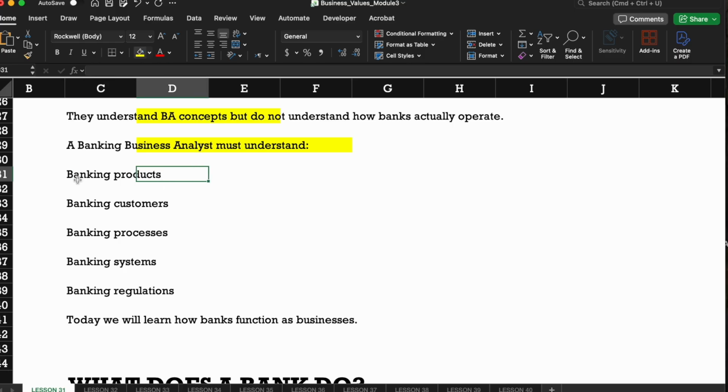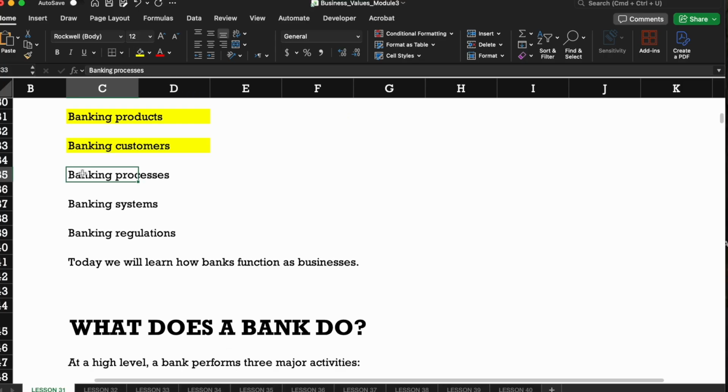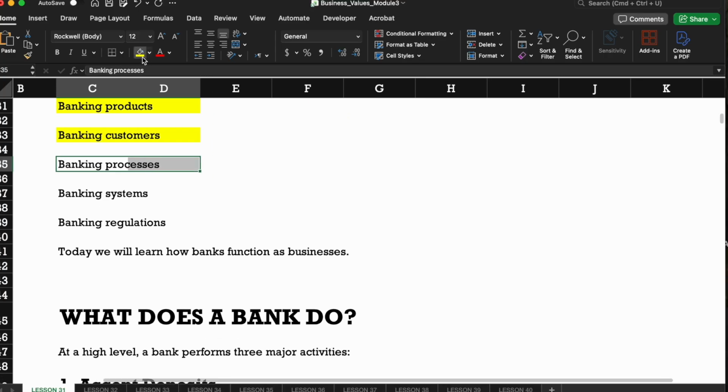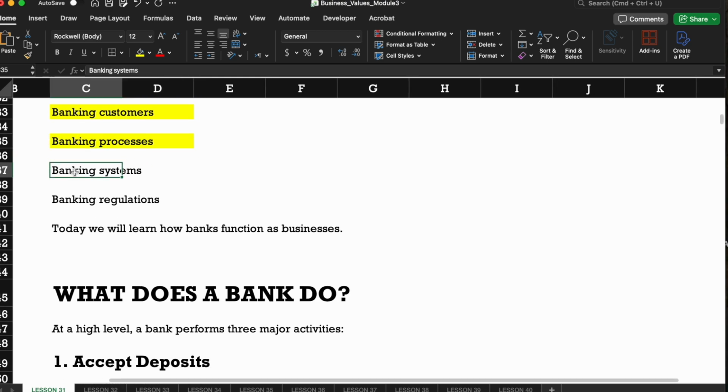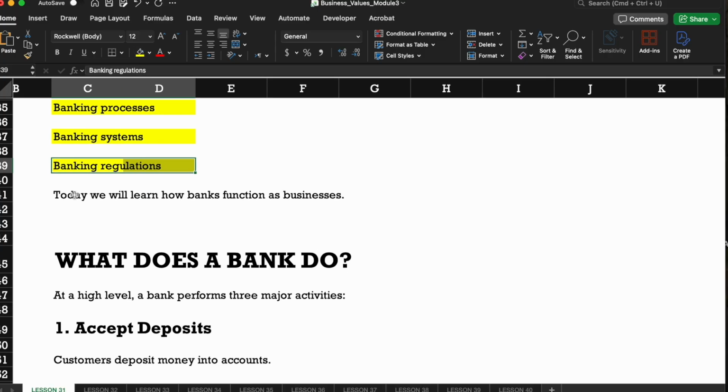So let's first understand the banking products, the banking customer, who the user of that application actually is, the business processes we need to automate, the banking system, the business rules, and banking regulations, such as fraud and AML. Today we learn how a bank functions as a business.